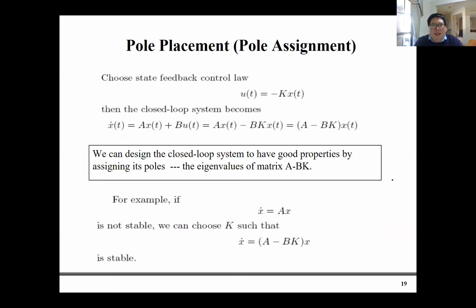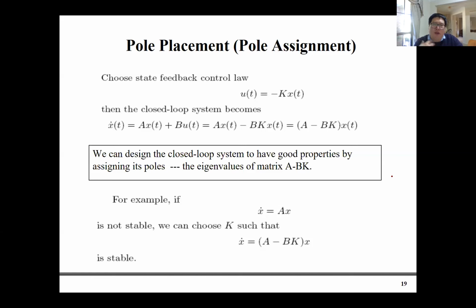All right. Then the next thing is about pole placement. So suppose you have a system x dot is equal to Ax plus Bu. Then when you check the stability of that system, which means you check the eigenvalues of A, and you find one or some of the eigenvalues are not negative, which means the system is not stable.